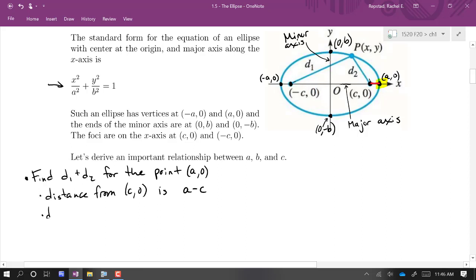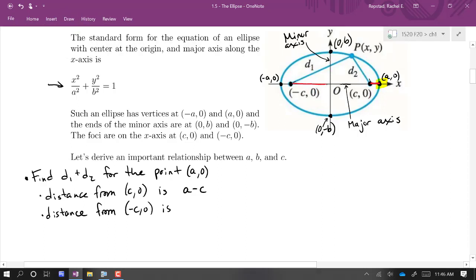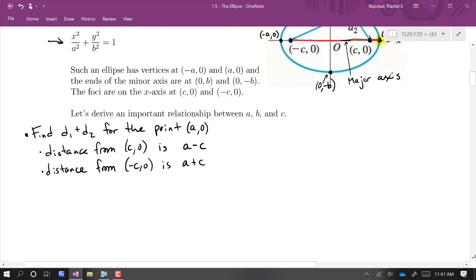And the distance from the point (negative c, 0) to (a, 0), in this case, that's just the longer distance, still horizontal though. That distance is a minus negative c, or a plus c. So now the sum of the distances, if I add these together, is 2a. So that's D1 plus D2.